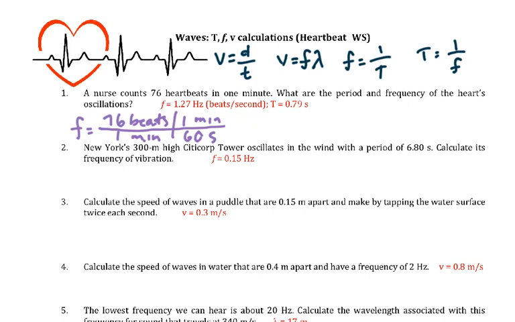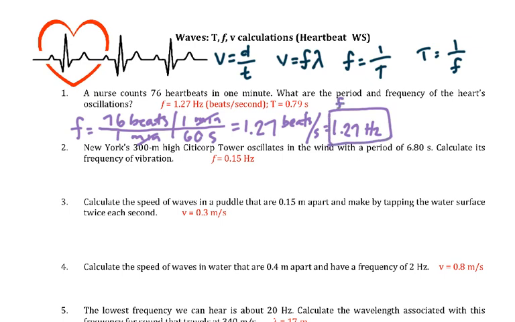I'm going to go ahead and multiply across and divide 76 by 60, and that gives me 1.27 beats per second, which is the same thing as 1.27 hertz. And that is my answer for frequency.